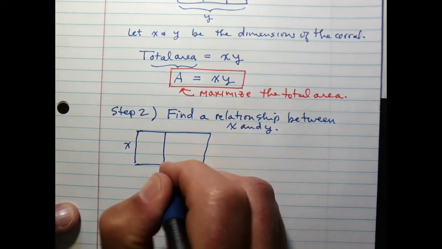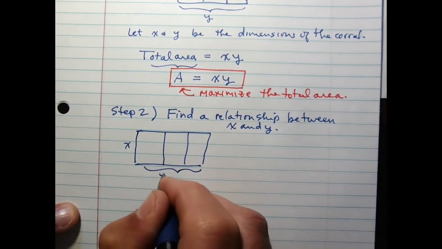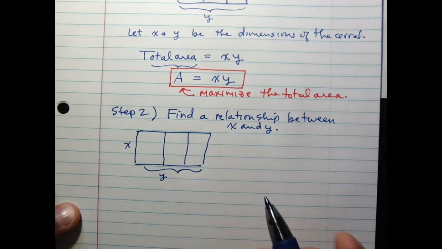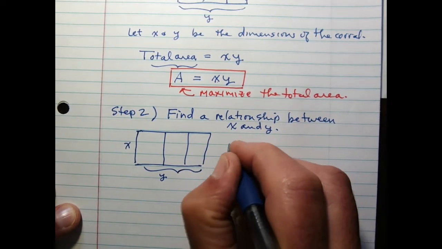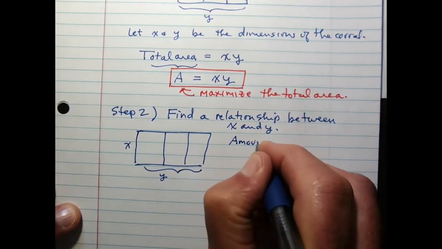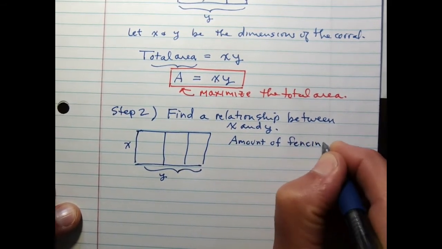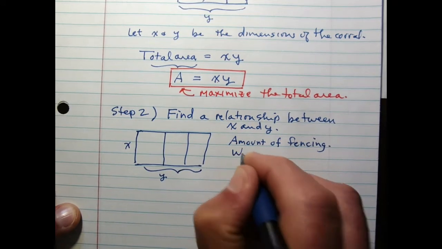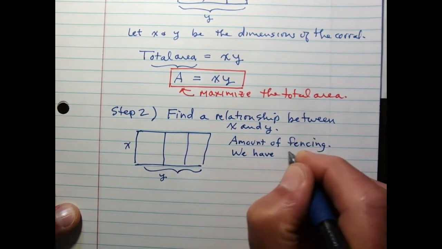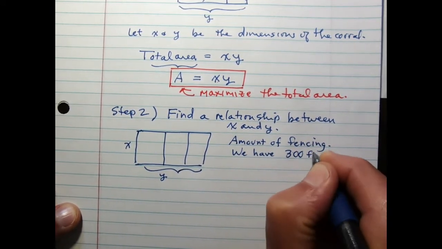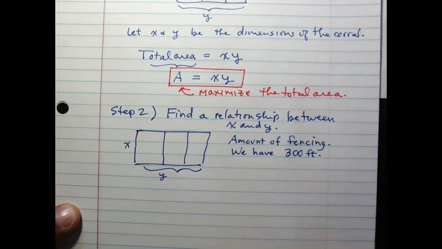X, Y is this side. Think about the amount of fencing, because we know we have 300 feet of fencing to work with, is what the problem says.